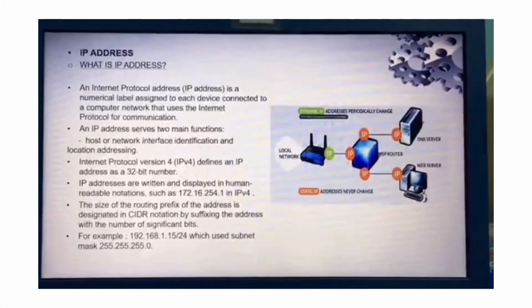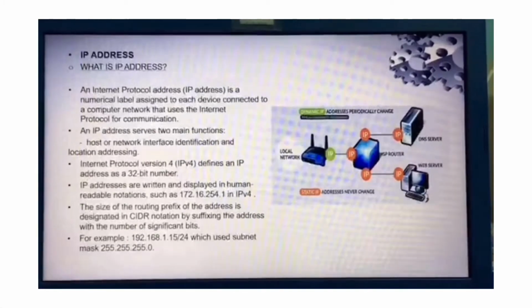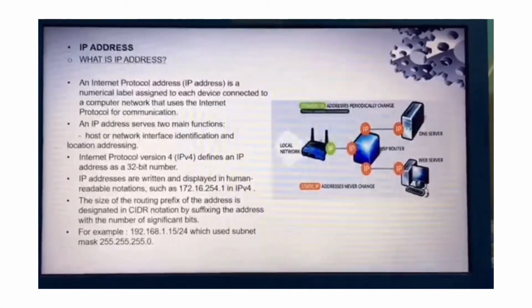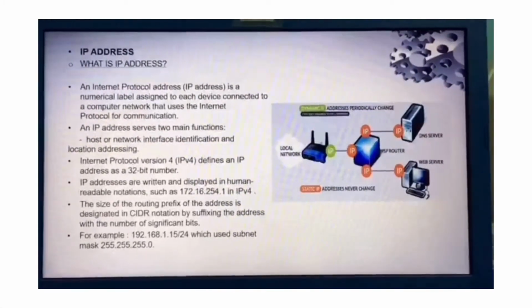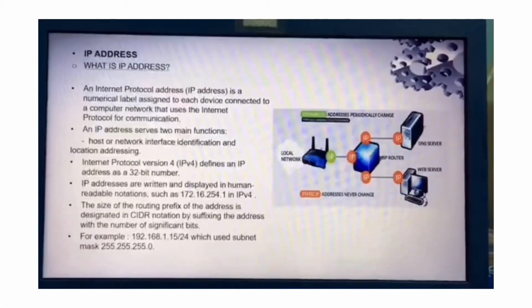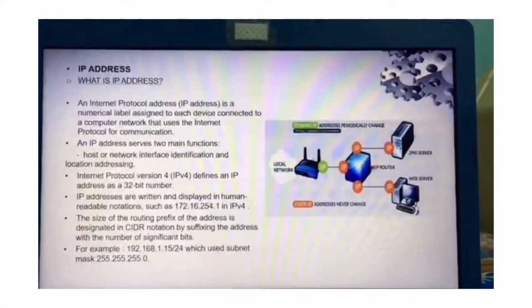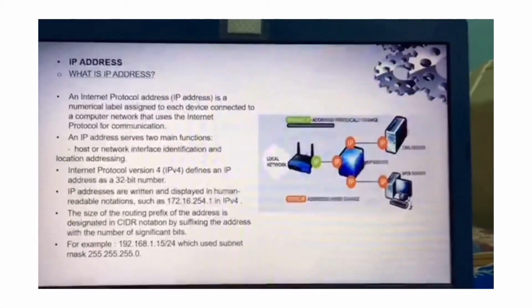The size of the routing prefix of the address is designated in CIDR notation by suffixing the address with the number of significant bits. For example, yang tu contoh dia punya IP address dan dia punya contoh subnet mask.